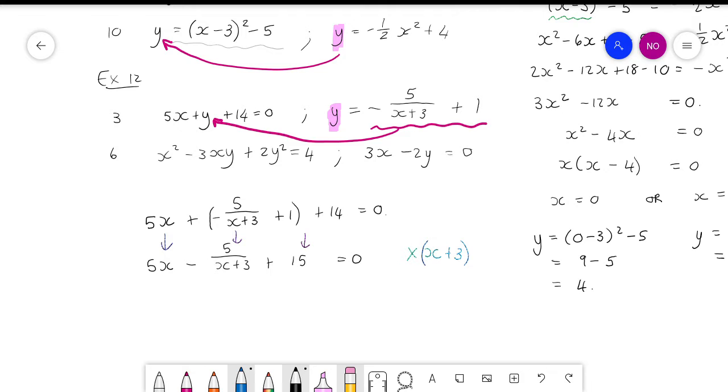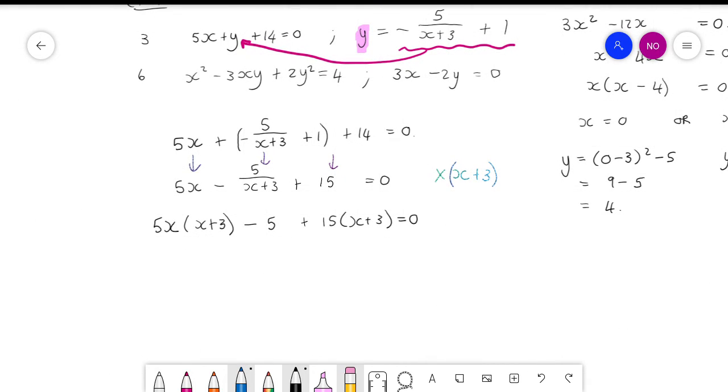Okay, so vir daai eerste ene gaan ek hom eers net neerskryf. 5x maal met x plus 3. Hierdie ene gaan net oorhou 'n minus 5. Just make sure you see that it has to be a negative. Right? The term remains negative. And then here I'm going to have 15 times x plus 3 is equal to 0.